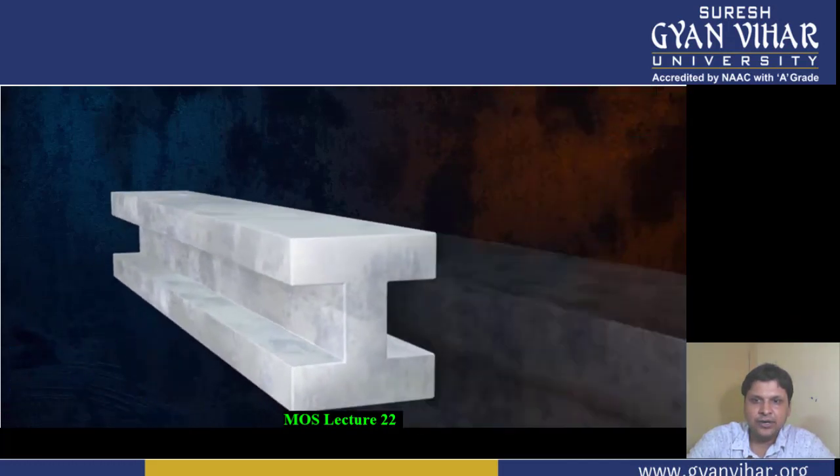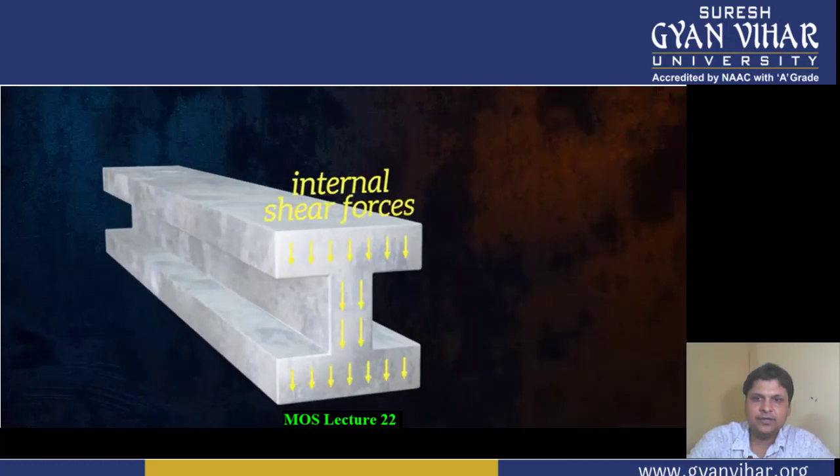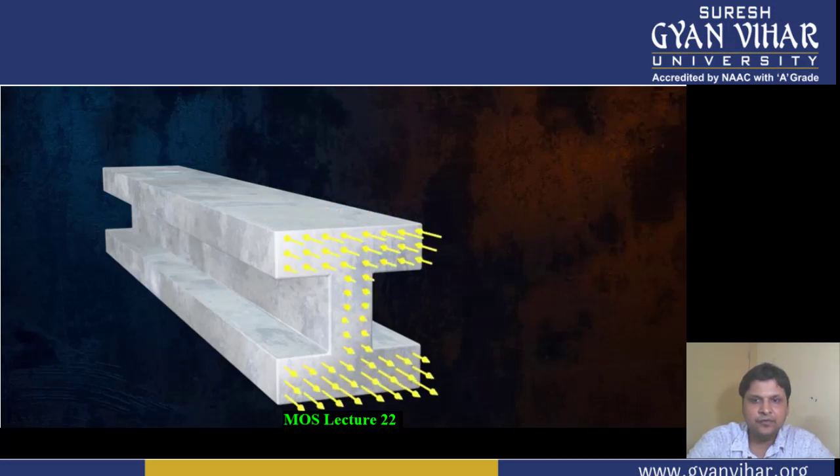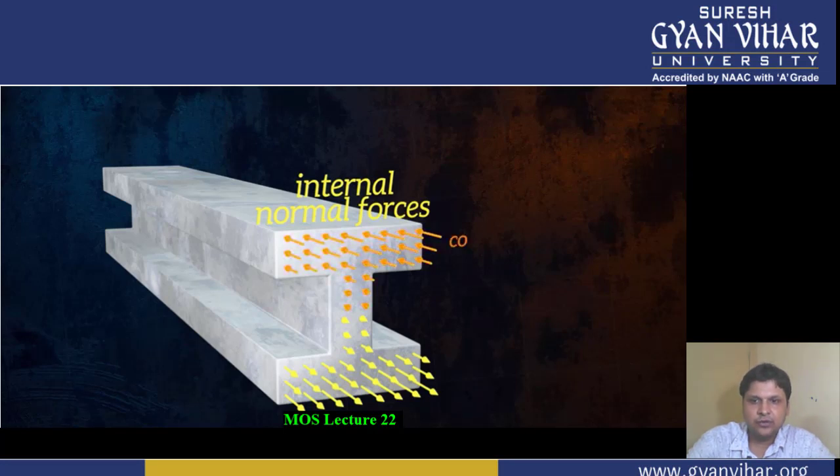When a beam is loaded, internal forces develop within it to maintain equilibrium. We have shear forces oriented in the vertical direction, and we also have normal forces which are oriented along the axis of the beam. If the beam is sagging, the top of the beam will get shorter, and so the normal forces in the top of the beam will be compressive.